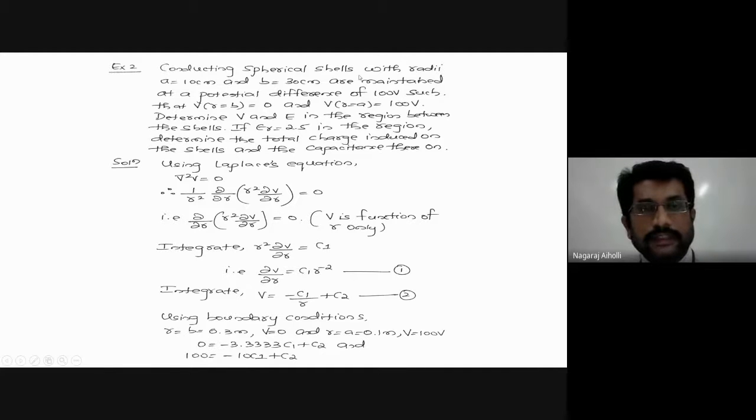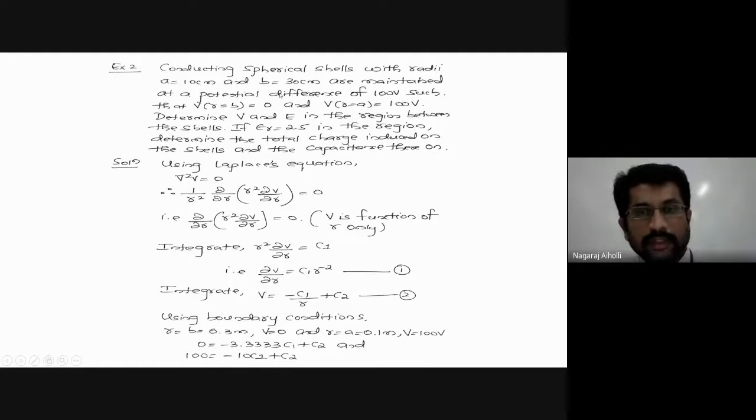Read the question. Conducting spherical shells, that means conducting shells which have charges, with radii A equal to 10 centimeter and B equal to 30 centimeter, are maintained at a potential difference of 100 volts. One shell has radius A equal to 10 centimeter, the other has B equal to 30 centimeter, such that the potential at R equal to B is 0, which we can consider as the outer spherical shell, and V at R equal to A is 100 volts.